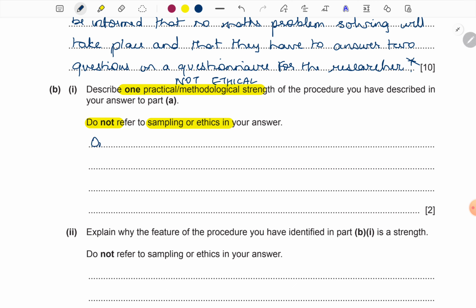So what I can say is one strength is maintaining control, which increases validity.